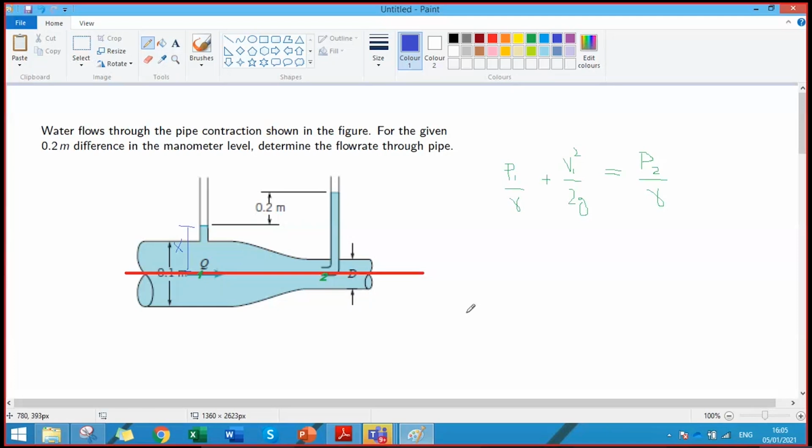Yes sir. So P1 by gamma should be equal to X. Then the reading here in the pitot tube is equal to X plus 0.2, right?